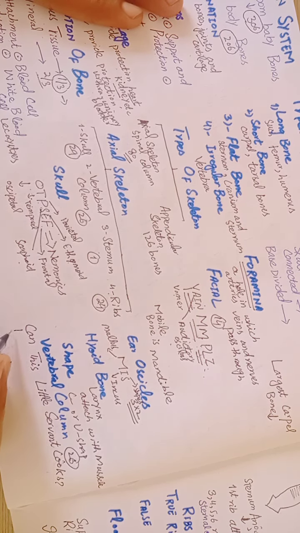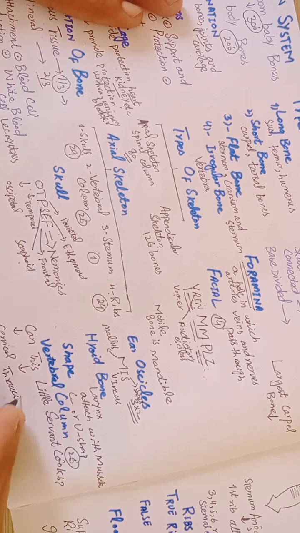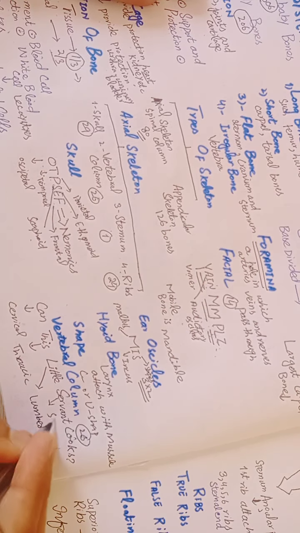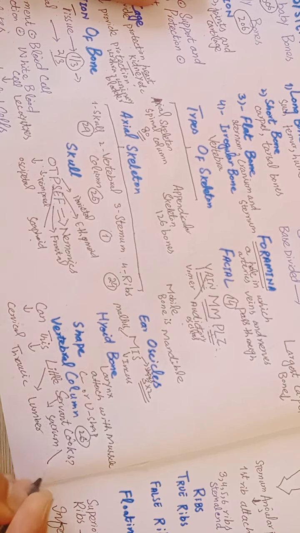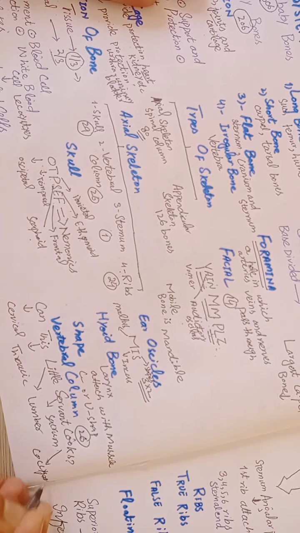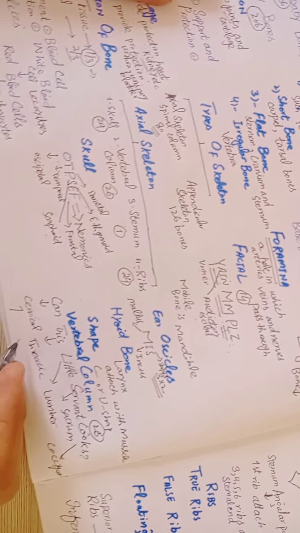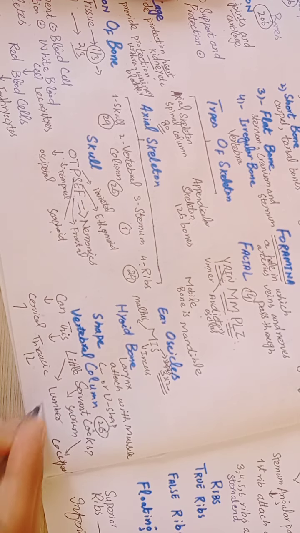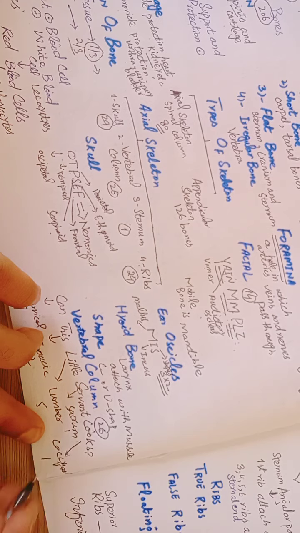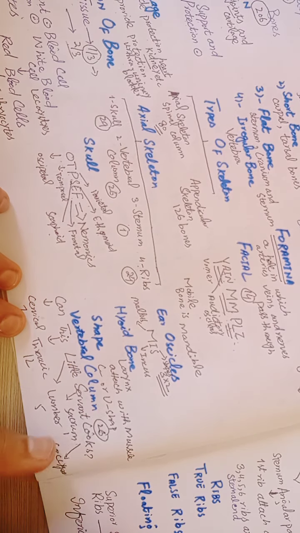C for cervical, T for thoracic, L for lumbar, S for sacrum, C for coccygeal. Cervical 7, thoracic 12, lumbar 5, sacrum 1, coccygeal 1. The sacrum is formed by the fusion of 5 bones.